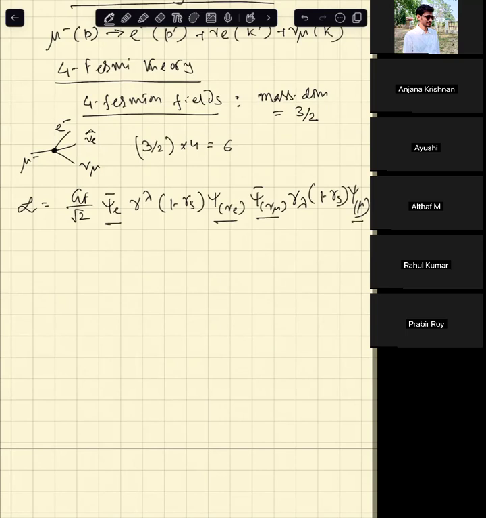And now if you see what these quantities are, this is nothing but my current J lambda, and this is another current J lambda, right? So effectively, this Lagrangian you can think of as some coupling times the product of these 2 currents.